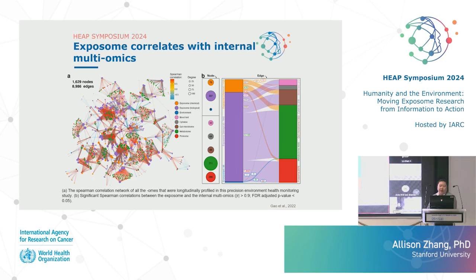So we did a Spearman correlation between the external environment and the internal omics. We could find almost 9,000 significant correlations between the exposome and the multi-omics. So on the right shows the correlation of those subdomains. The orange one refers to the chemical exposome.